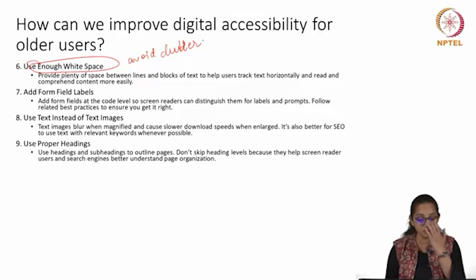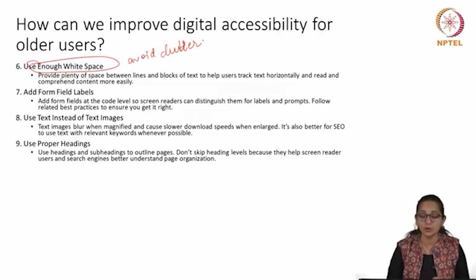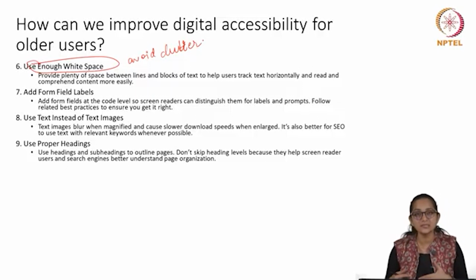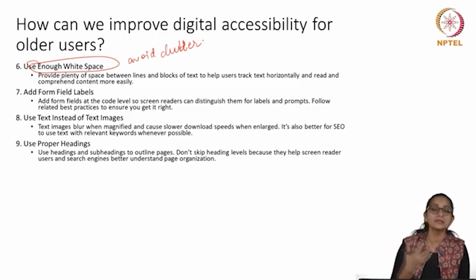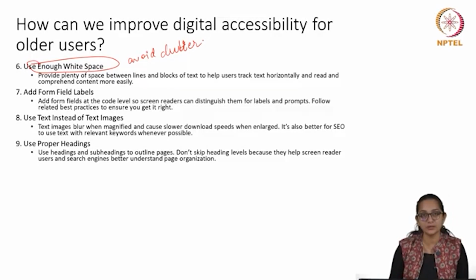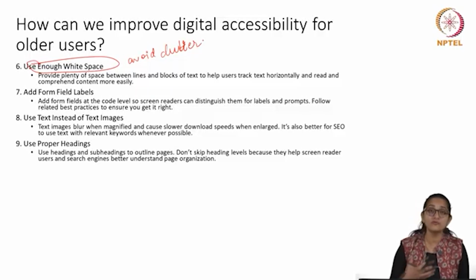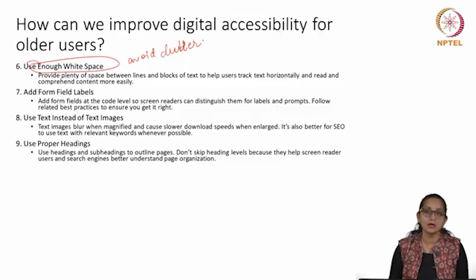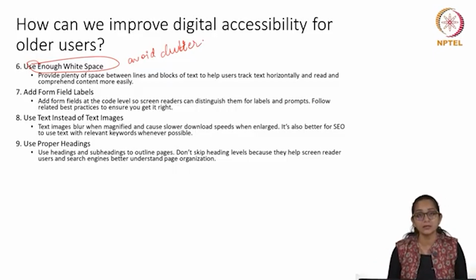Use proper headings, use headings and subheadings in the outline pages. Do not skip the heading levels because they help the screen reader users and search engines to better understand the page organization. It also visually helps readers understand the content better if it is laid out and formatted in a proper manner.